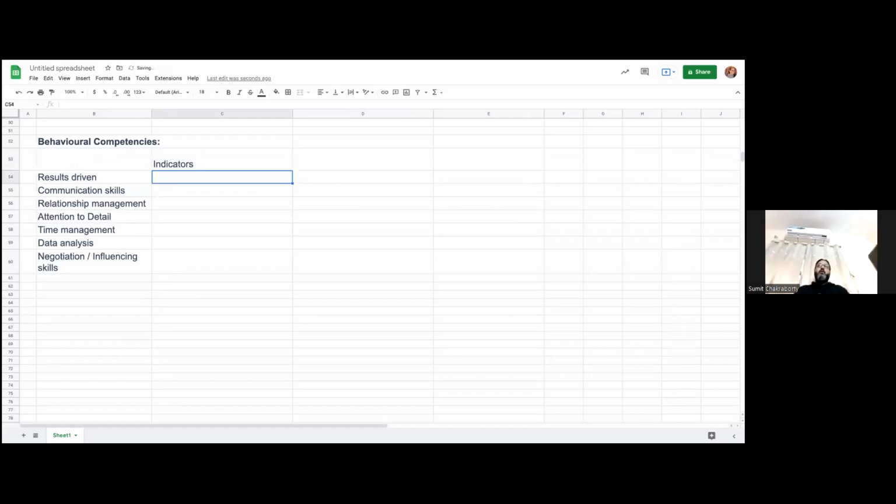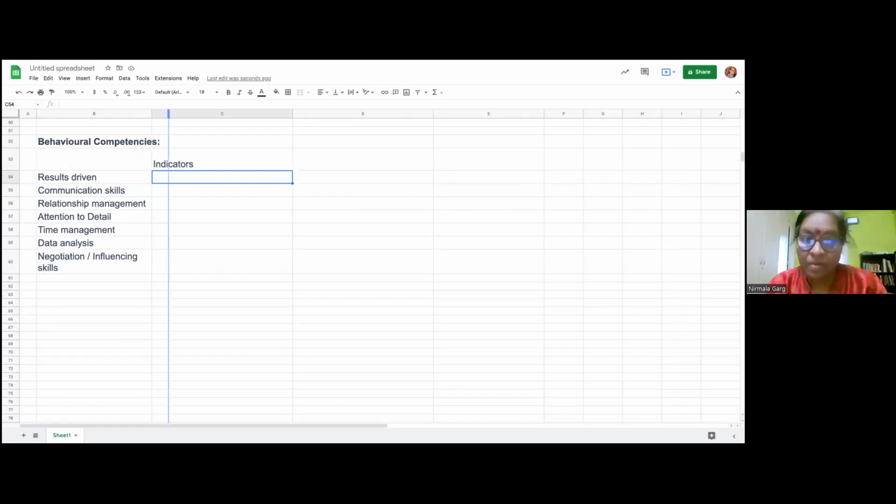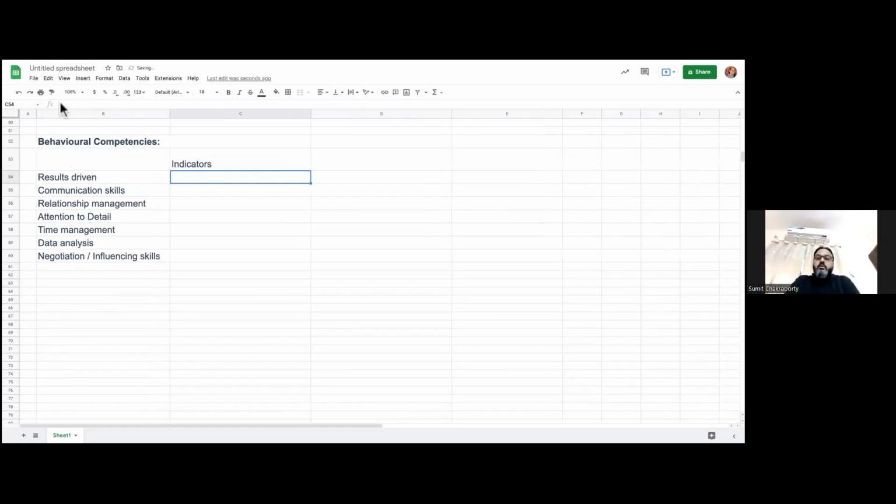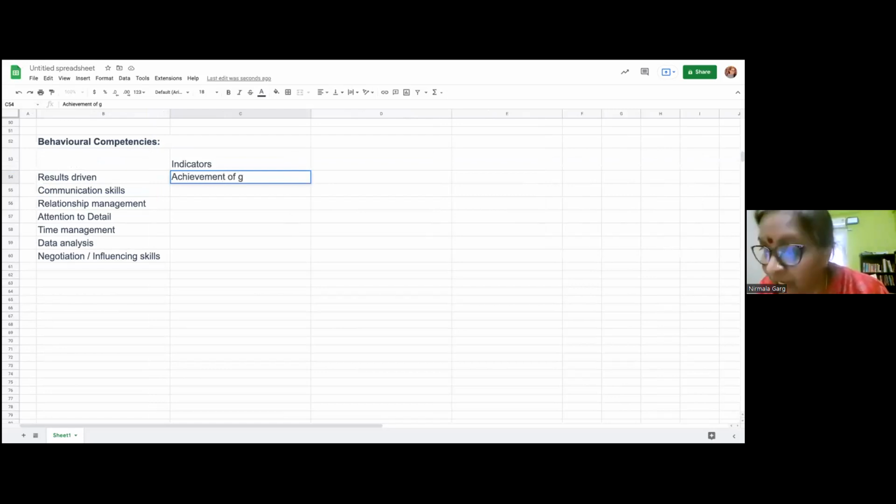Minimizing the competency gap of the stakeholders. So what kind of behavior is he doing? When he is result driven, that means he is coordinating and communicating with different stakeholders. That could be one behavior to achieve results.